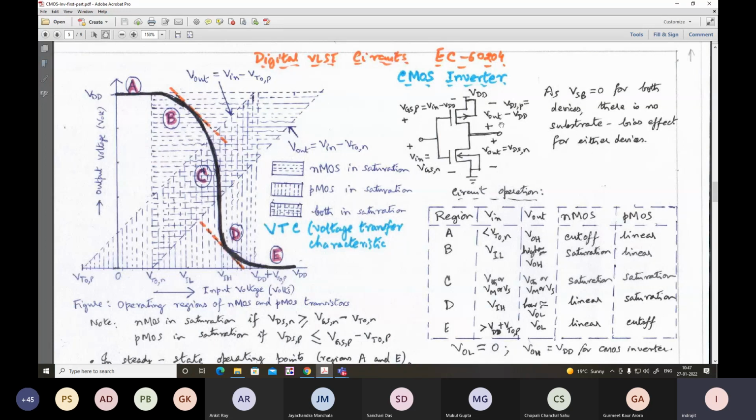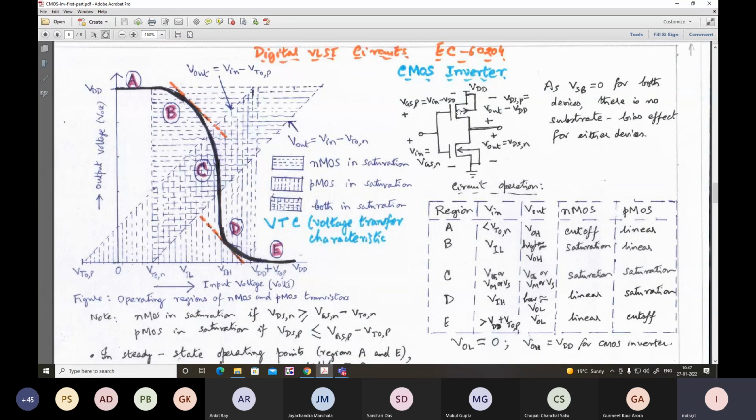This range we call B, and typically VIL, where dVout/dVin equals -1, is found in region B. Here typical input voltage is VIL, output voltage is quite high, NMOS transistor in saturation, barely in conduction, but the PMOS transistor is quite firm, strong in conduction.